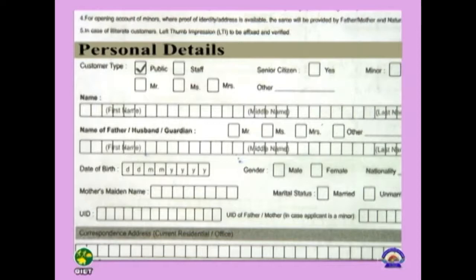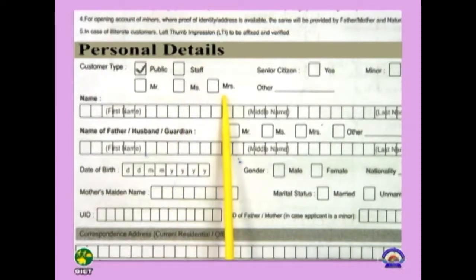If you are a boy, you will tick in the box of Mr. If you are a girl, you will tick in the box of Miss. And children, I am married, so I will tick in the box of Mrs. But you remember, don't copy me.